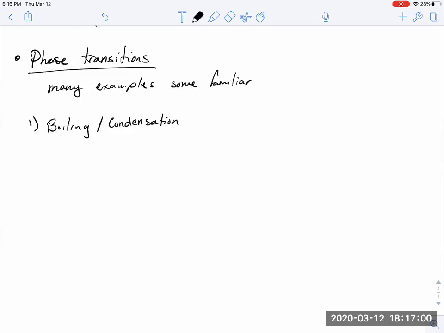It's a process which would help sanitize some of your clothes and your food. So in such a phase transition, like many phase transitions, these are nicely summarized by objects known as phase diagrams.